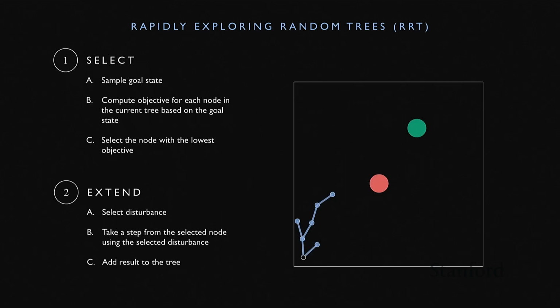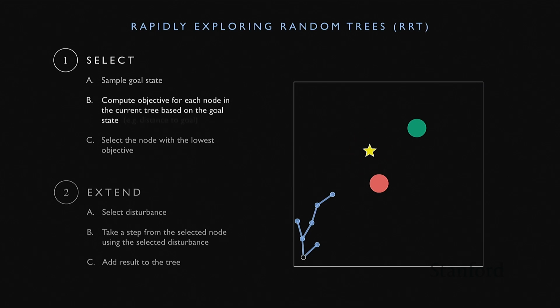So let me show an example to make this concrete. With our continuum world, we'll start with our select step. Let's say this is the current tree that we have. The first thing we do is sample a goal state. The vanilla version of RRT, the simplest thing you could do, is take your entire state space and sample a random state from it and just say that's your goal state. So here's our goal state, this yellow star.